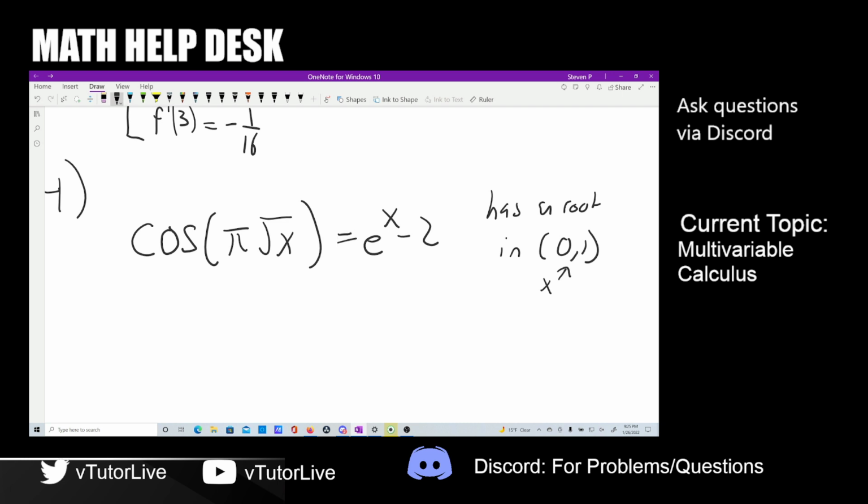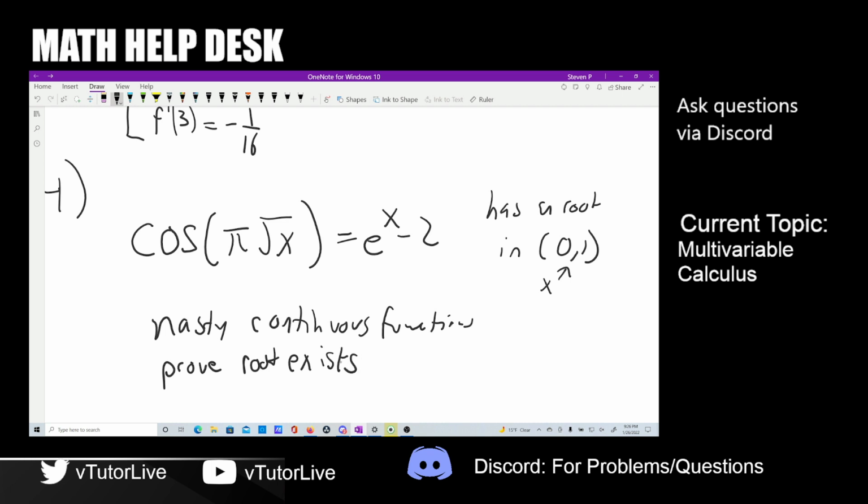So when you have a problem with really nasty functions like cosine pi root x, I don't have a great way of visualizing that. And e to the x is also hard to visualize if it's combined with other stuff. If you have nasty continuous functions and you're asked to prove that a root exists, does anybody know the trick to these kinds of problems?